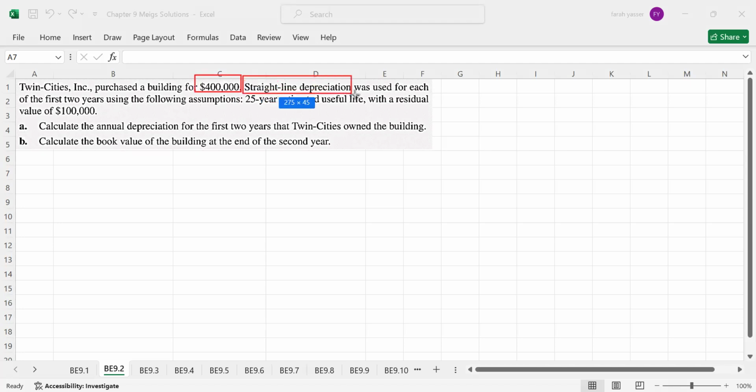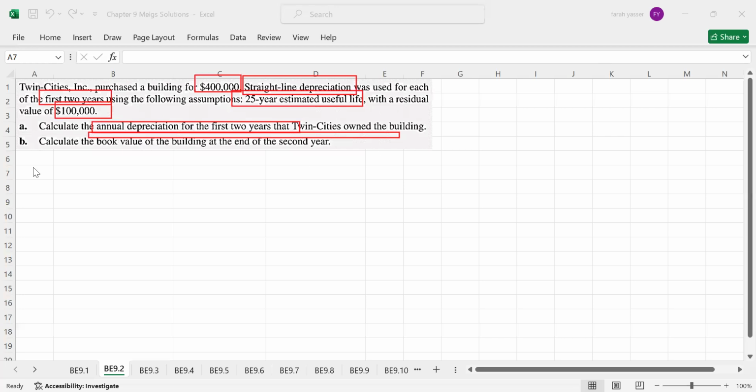The straight line method is used for calculating depreciation, and 2 years of depreciation is required, whereas 25 years of estimated useful life is given, and 1 lakh or $100,000 residual value is given. So in the first requirement, annual depreciation is required for the first 2 years, and in requirement two, book value is required at the end of the second year.